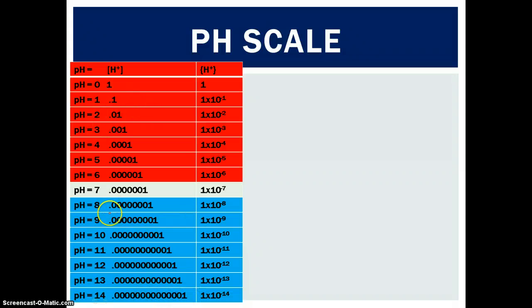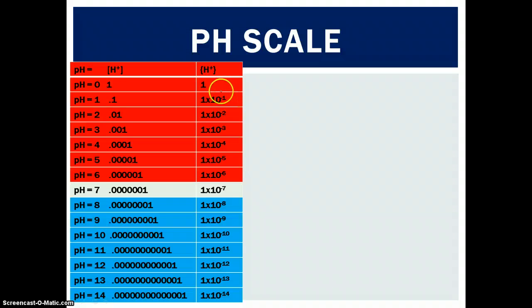These numbers here are messy, especially when you get to the really, really, really small numbers. So that's why the scale of pH was created. It's an easier scale to deal with, but still at a glance tells you the hydrogen ion concentration in a way. We can look at the scientific notation.